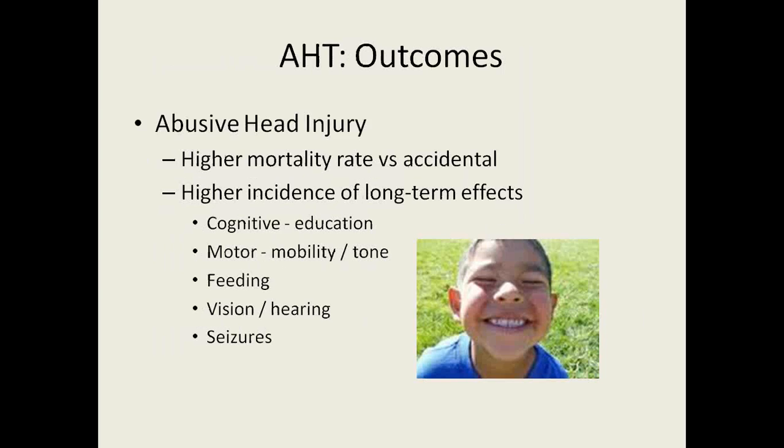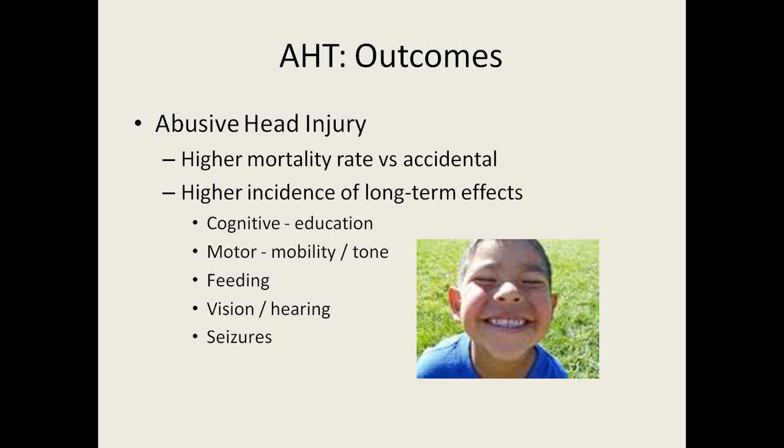For the last 2 slides, I just want to talk briefly about the outcomes. When we look at all comers with head trauma, the children that have had abusive head trauma have a much higher mortality, longer hospital stays, and worse morbidity than kids with accidental head trauma.